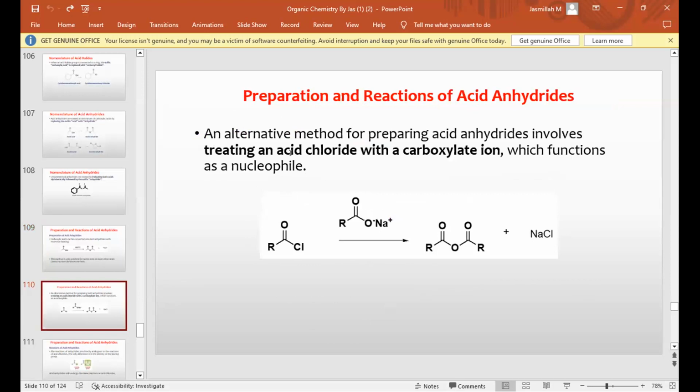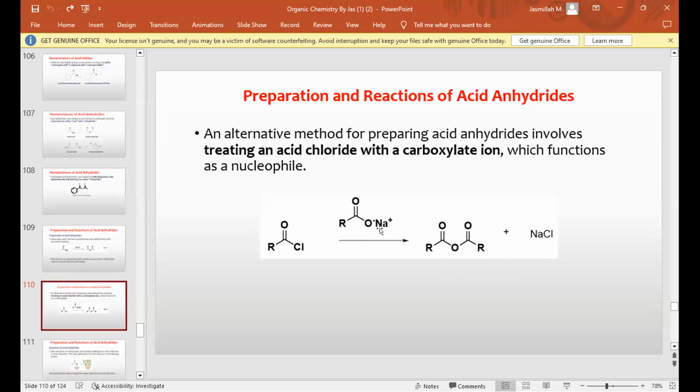Then an alternative method for preparing acid anhydrides involves treating an acid chloride with a carboxylate ion. This is an acid chloride, and this is a carboxylate ion, and then it will give us the acid anhydride. The ion that you use here will determine this product.